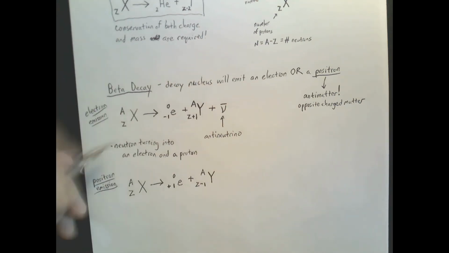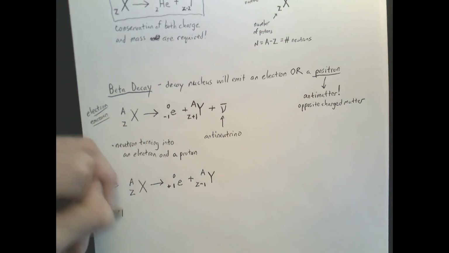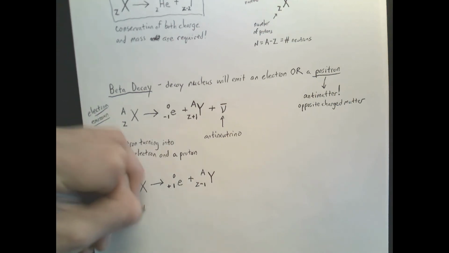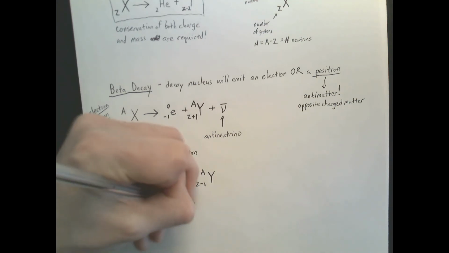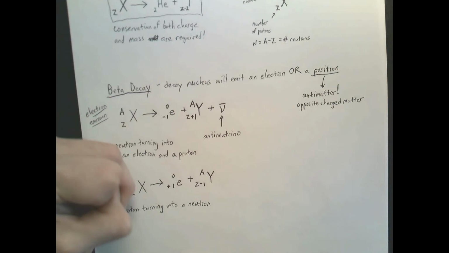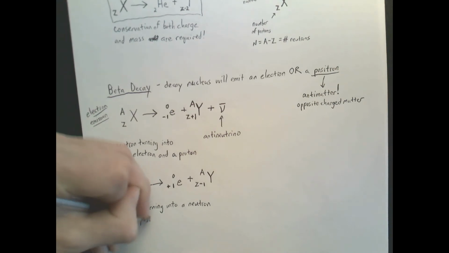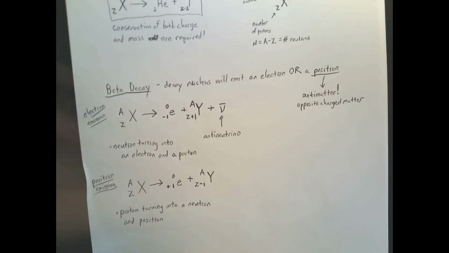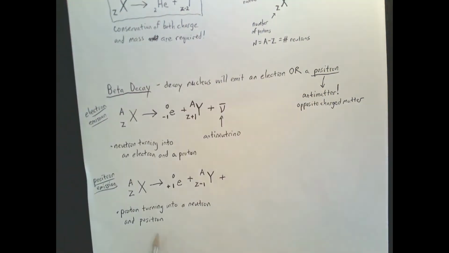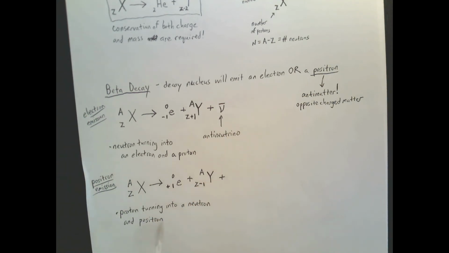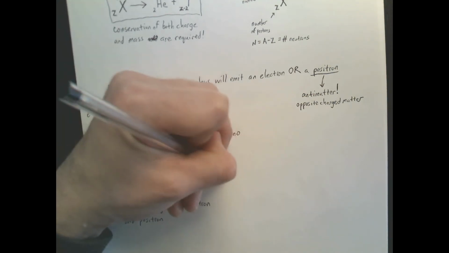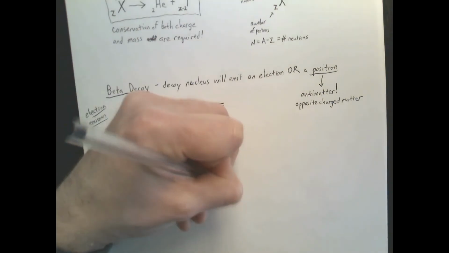So here, before a neutron turned into an electron and a proton, here we have a proton turning into a neutron and a positron. A positron is an antimatter particle. Before we spit out an antineutrino; here we already have an antiparticle, and so we just spit out a regular neutrino.